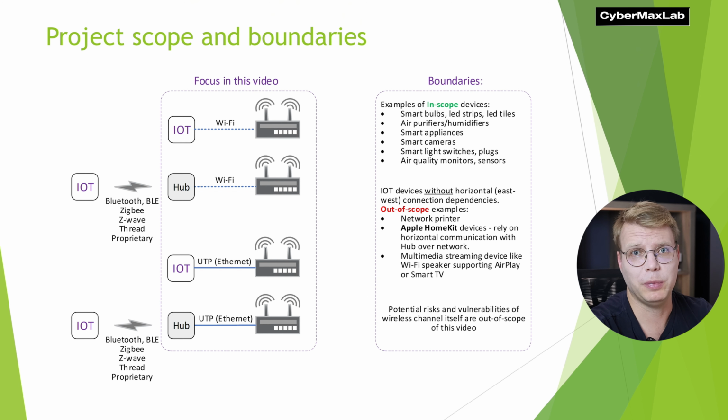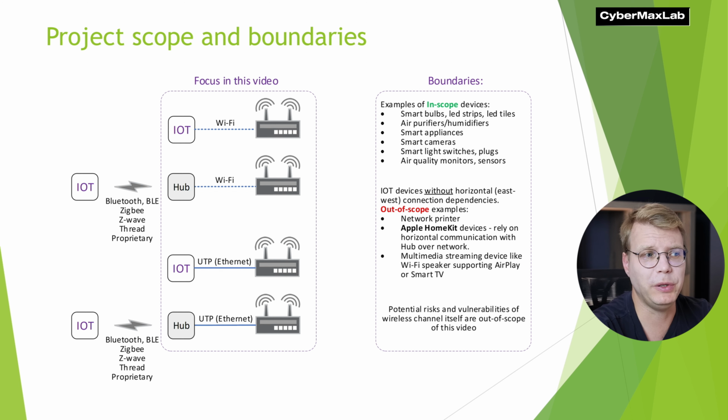There are out-of-scope examples, which we again don't cover with this video, and probably I will create another video for them in the future. Again, a great example is a network printer, right? It requires for your devices to communicate to it over the network. It can be Apple HomeKit devices because they heavily rely on east-west communication.